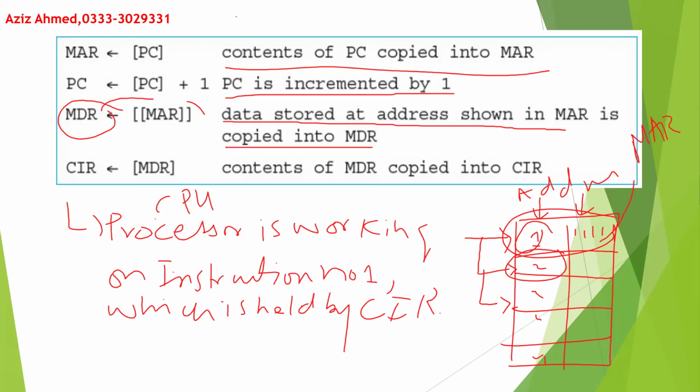Now the content of MDR is copied into CIR. CIR is holding the instruction that has to be processed. It is now the current instruction. CIR means current instruction register, on which the CPU is working.